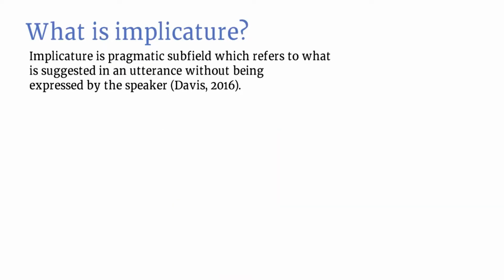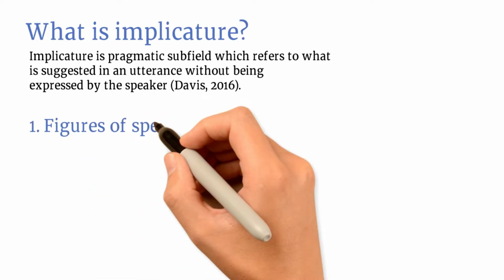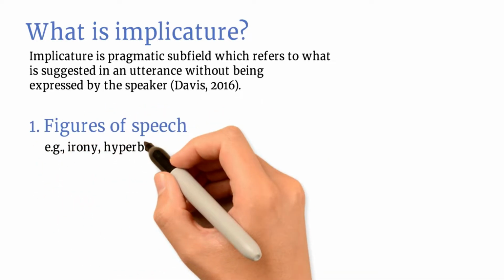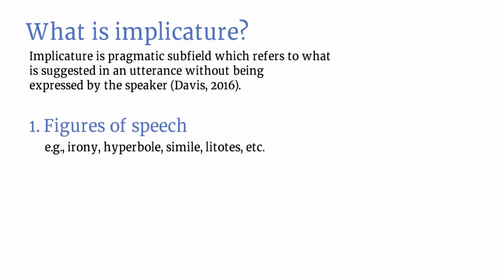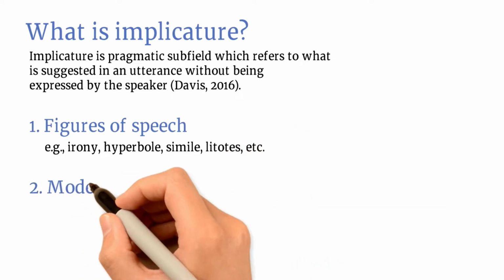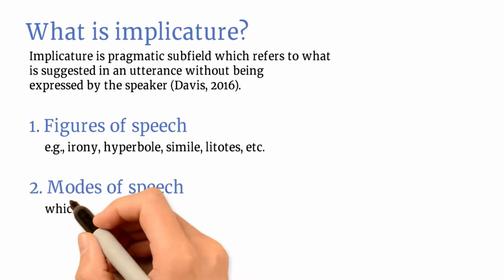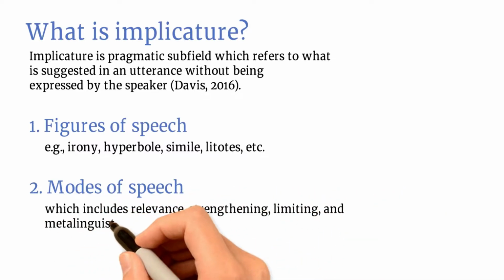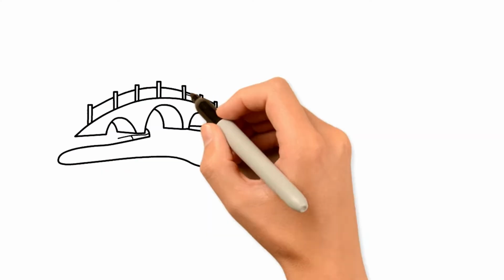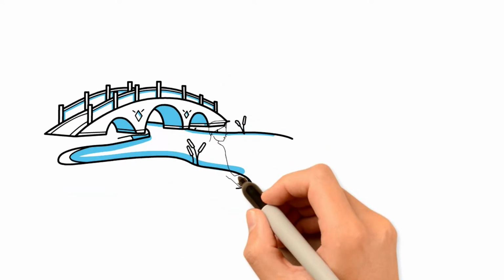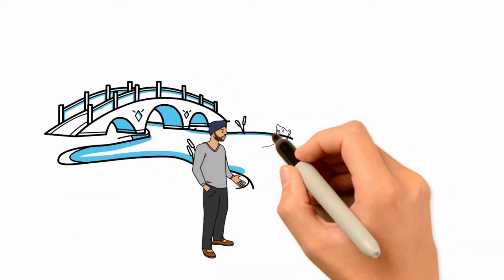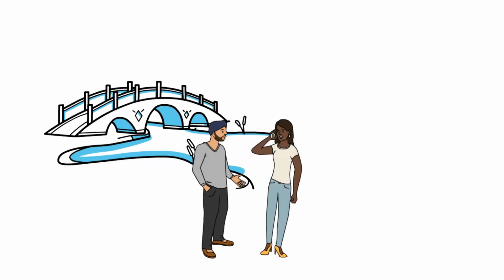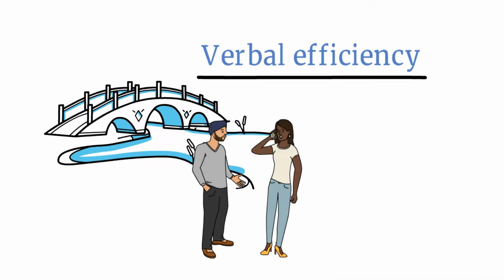Implicatures can be used in many aspects of language, such as figures of speech, the irony, hyperbole, simile, litotes, etc., and modes of speech, which include relevance, strengthening, limiting, and metalinguistic implicature. There are many reasons why speakers use implicature in their utterance. One of them is to produce verbal efficiency.